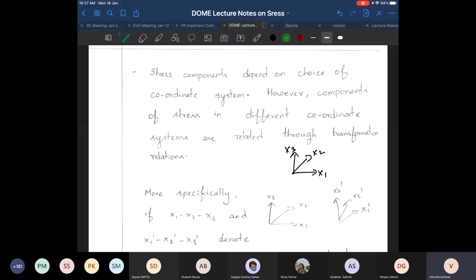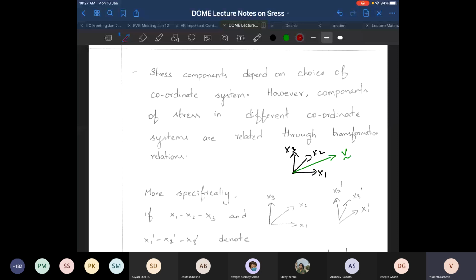Let us say there is some vector v. Now if I am writing down the components of this particular velocity vector, x1 x2 x3 are one coordinate system, x1 dash, x2 dash and x3 dash are another coordinate system.